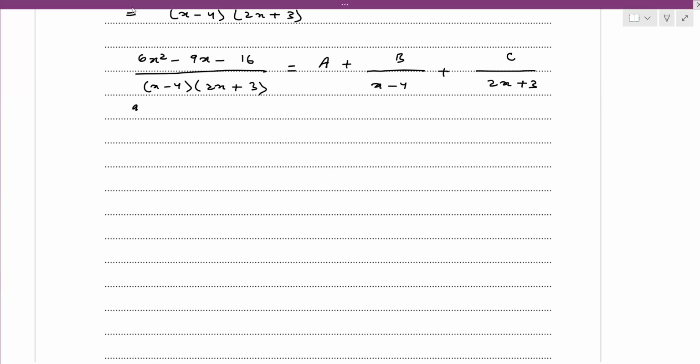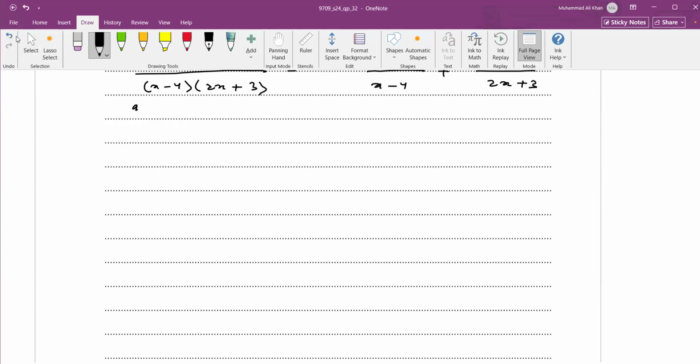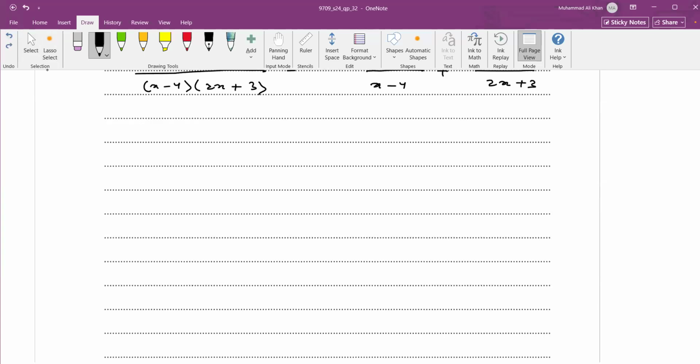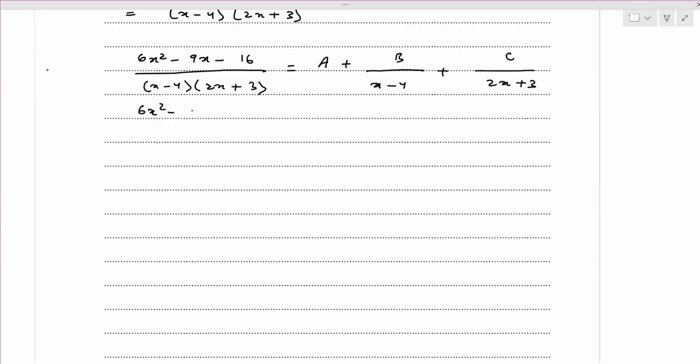After that, 6x squared minus 9x minus 16 equals, cross multiplying, a times x minus 4 times 2x plus 3, plus b times 2x plus 3, plus c times x minus 4.